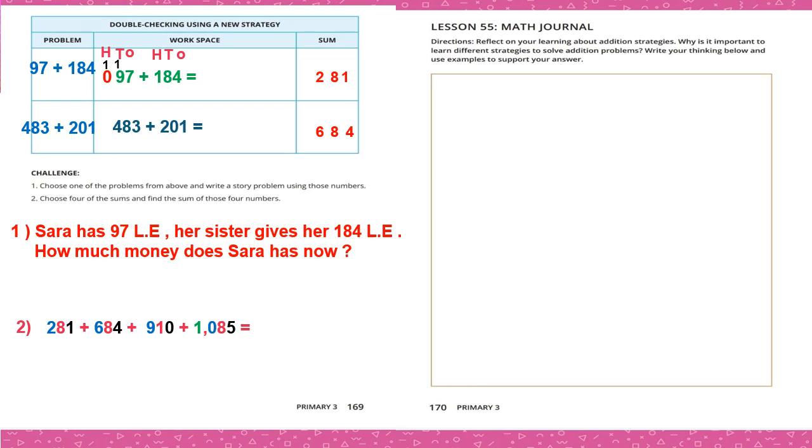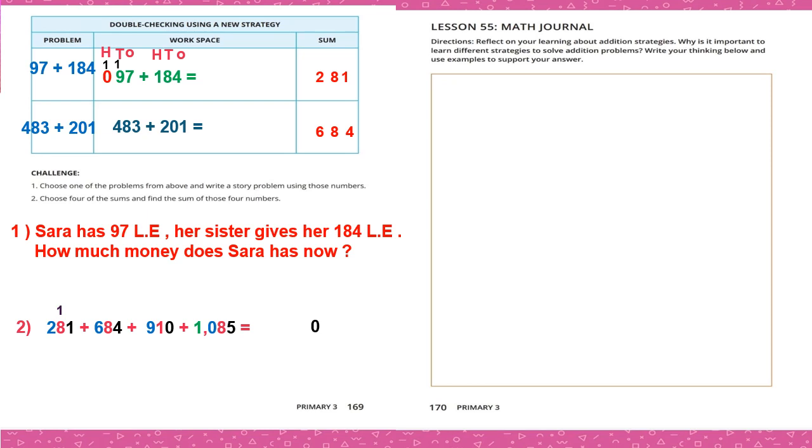Ones with ones, tens with tens, hundreds with hundreds. So here look at the ones of each number. 1 plus 4 plus 0 plus 5. 1 plus 4, 5. 5 plus 0, 5. 5 plus 5, 10. 0 and carry up 1 on the next home.